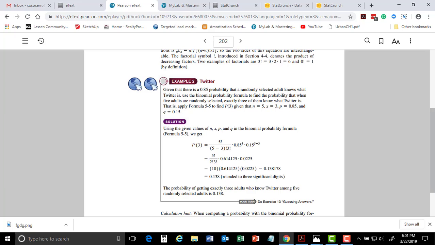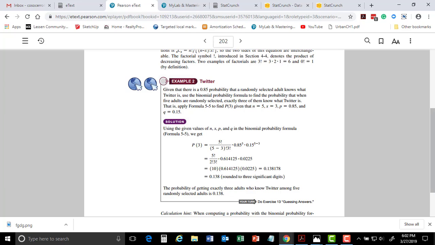This part here, remember that was n factorial divided by n minus x factorial divided by x factorial. And they're saying that the probability is 0.85 of a success. What's the failure? It's 1 minus that.